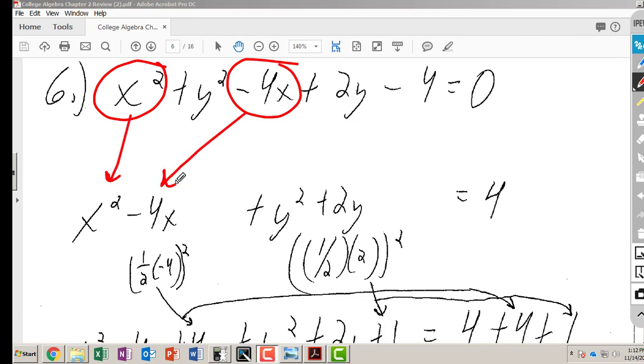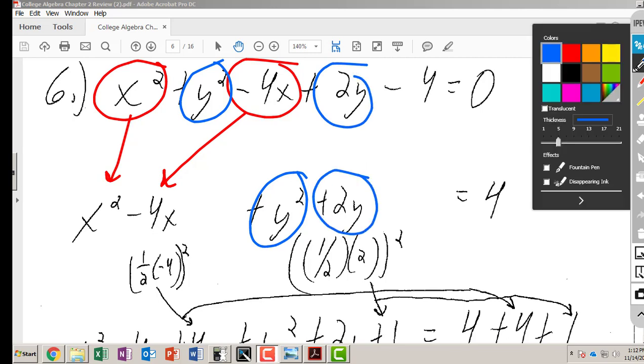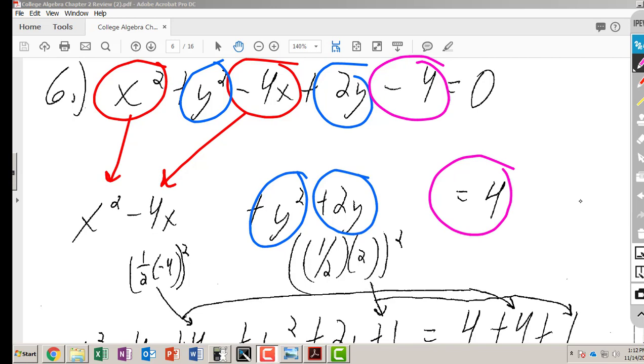Put your y's next to each other: here's my y squared plus 2y. Then move that number over to the other side, so my -4 becomes +4.